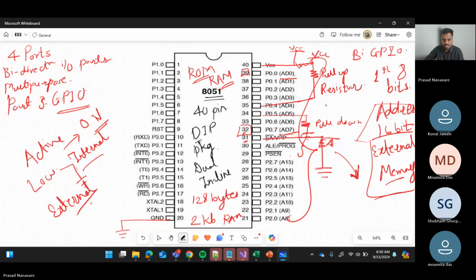So EA we are just done with. Then ALE and PROG bar. ALE is enable latch. This is again active low.